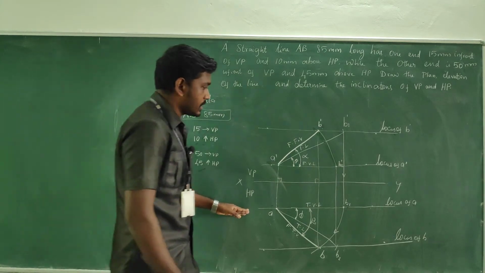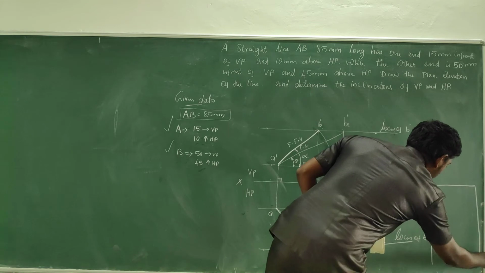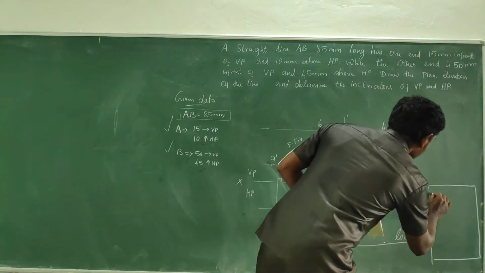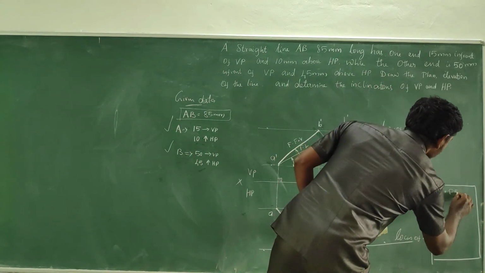Okay, at last you must make a tabulation or box like this, and you have to make all the data regarding the true length of the line given in the question, 85 mm.